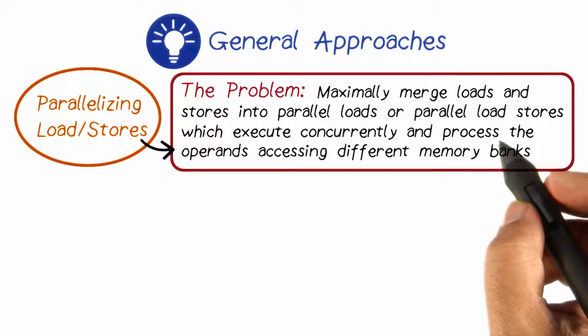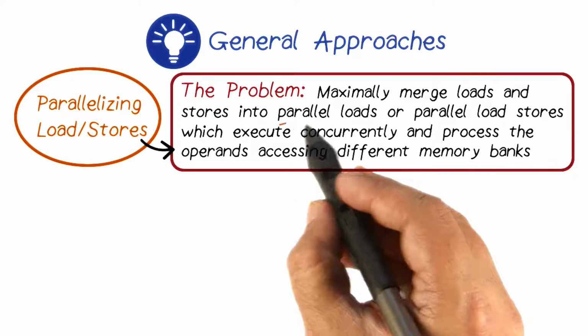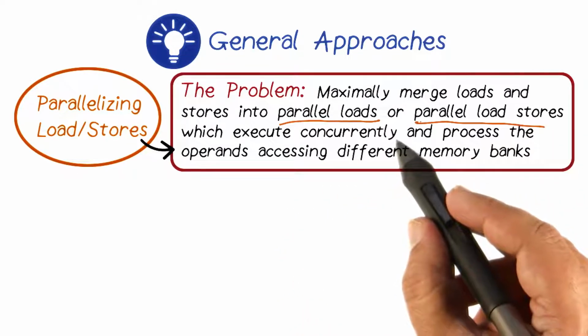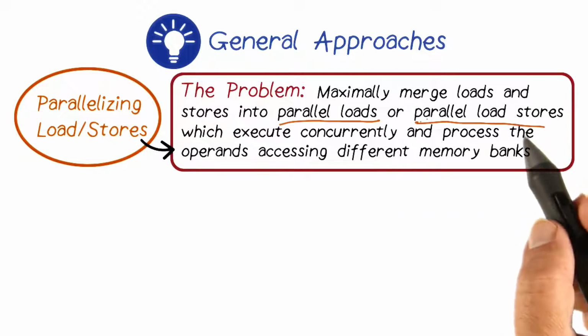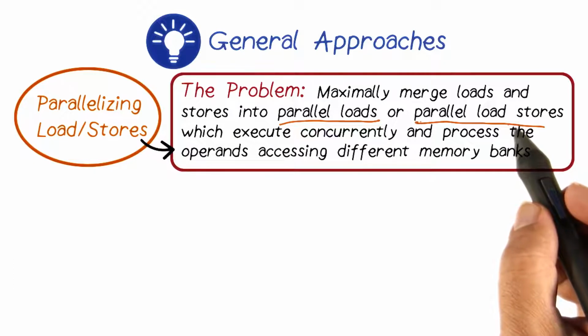So let us look at what the problem is. The problem is this: how can we merge loads and stores into parallel loads or parallel load stores which execute concurrently and therefore are able to get both of the operands of an instruction as fast as they could from the memory?